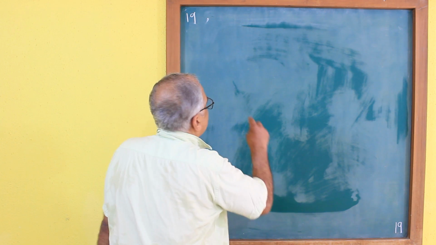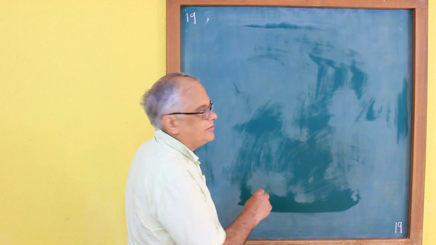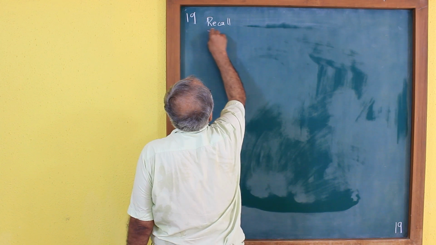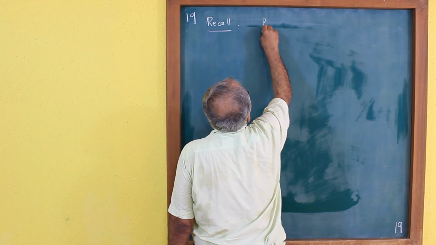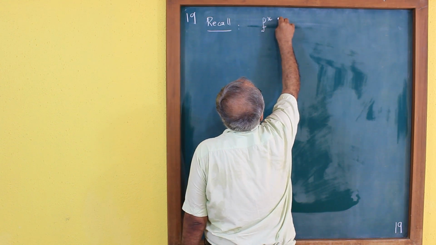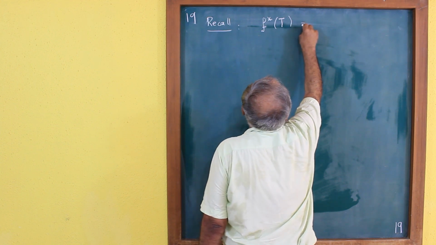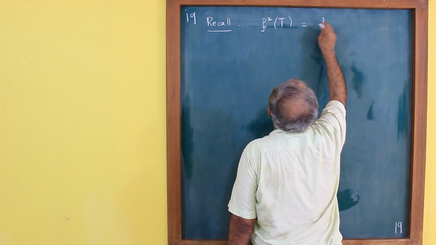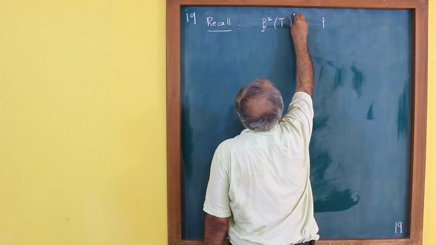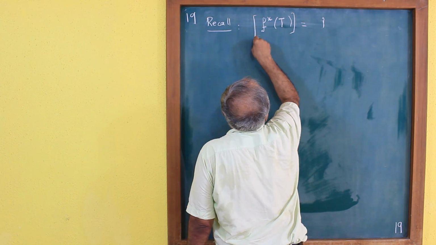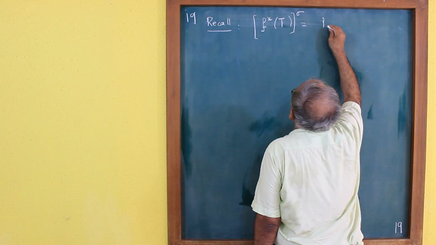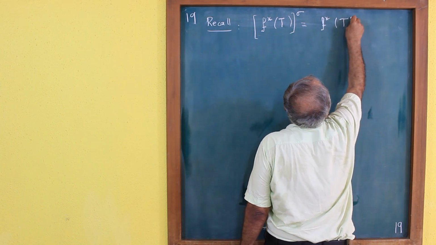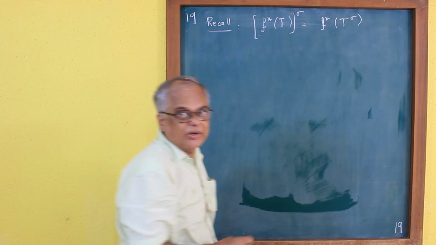So recall that we need a couple more properties about alt and star, namely f star t upper sigma is equal to f star t upper sigma.